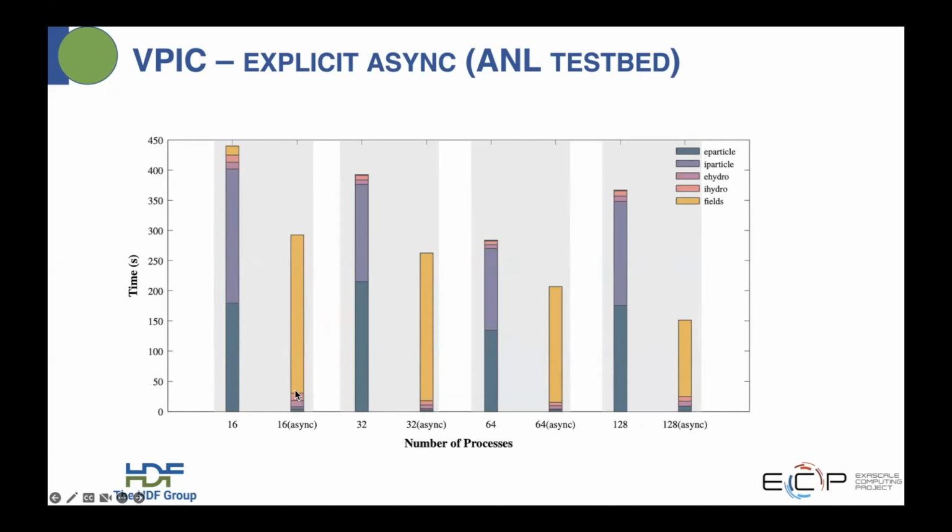You can see there was not quite enough time for the computation to completely overlap the writing of the fields. So it waited a little bit in the fields before going on to the next, but it's still advantageous to use async for all the cases.